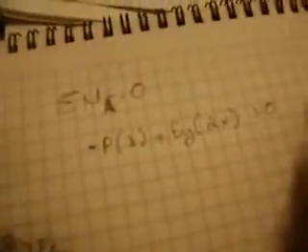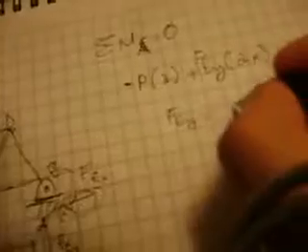This one doesn't have a component because it goes through point A. So now, to get Ey, you just solve for the force Ey. The force Ey is going to be equal to P times x over 2x, and this is going to be your force Ey.